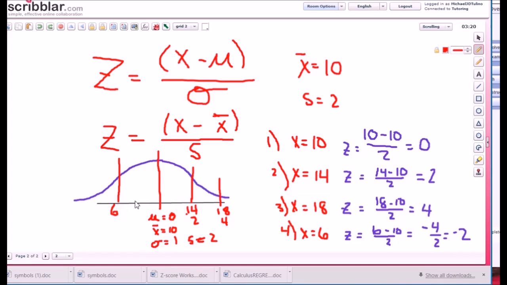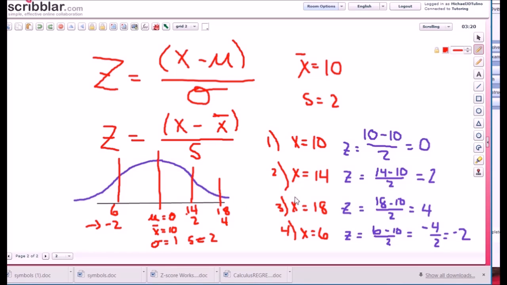So 6 is 2 standard deviations below the mean, which is also -2 in terms of the standard normal curve. But what in the world do these values actually mean? So we're going to focus on those z-values now.